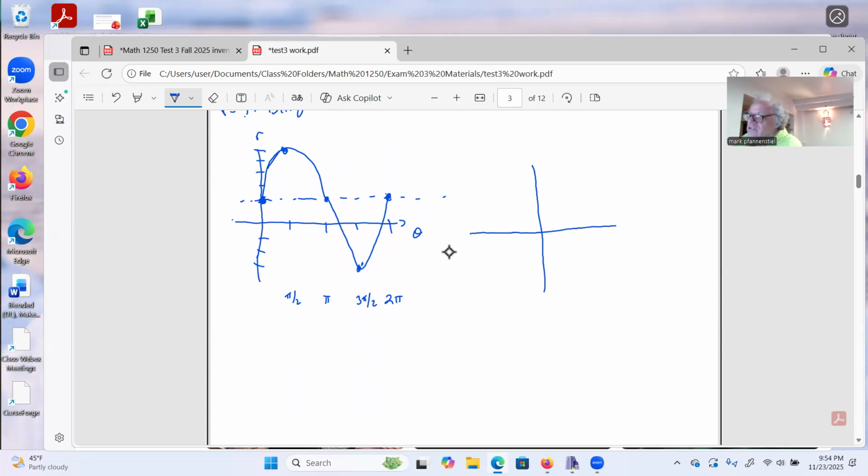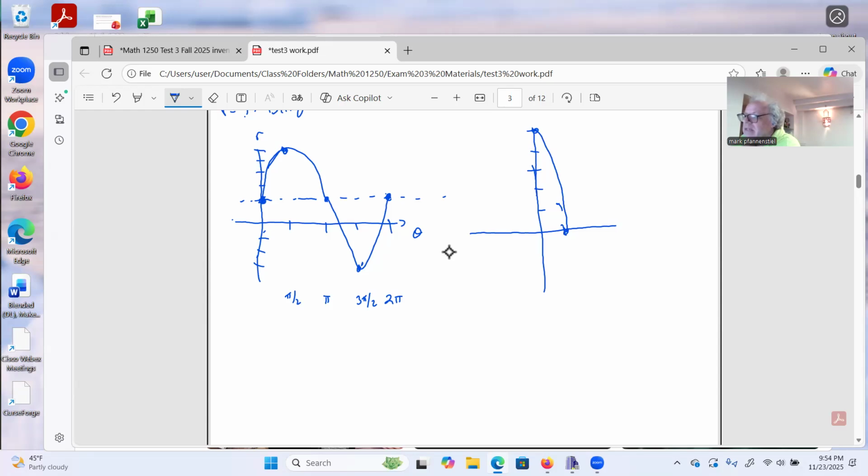All right. So at the angle of 0 degrees, r is equal to 1 unit away. As we sweep up to pi over 2, we're going to be 5 units away. So 1, 2, 3, 4, 5. So we're going to be sweeping up from 1 all the way up to 5 here.